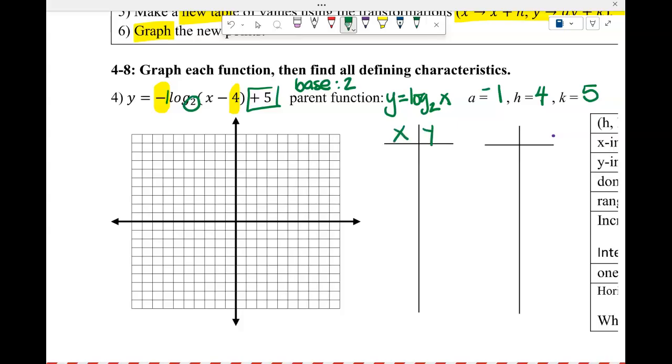Now, if you remember, we need to write an equivalent equation of y equals log base 2 of x. The equivalent equation is: the base is 2, and then we raise it to the y power and it equals x.